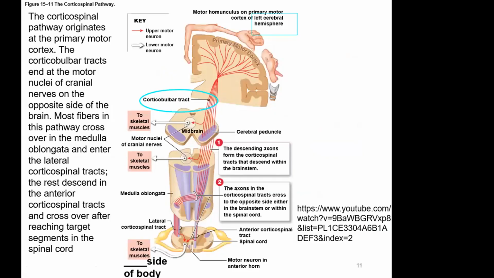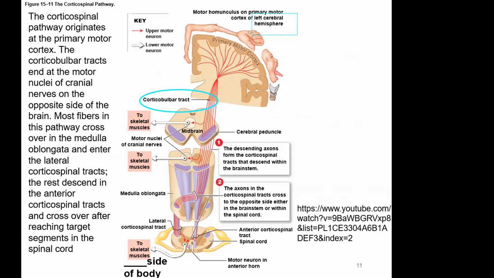Okay, so maybe I'm missing this. How do they know which one they're going to go to? How do the signals know if they're going to go lateral or anterior? That's what this video is for, okay. That's okay. If you watch this little video right here, it will run you through the corticospinal pathway, and you can see which ones go where.